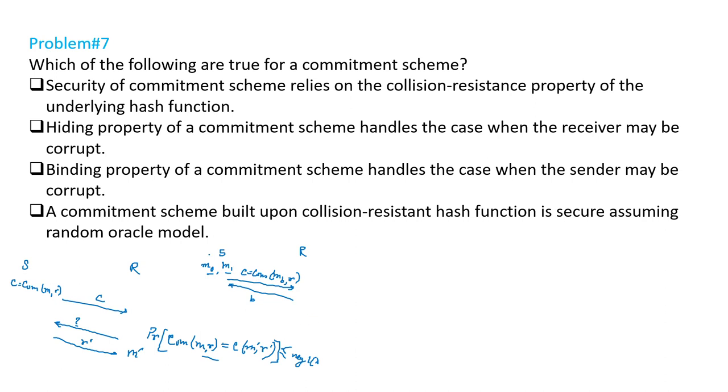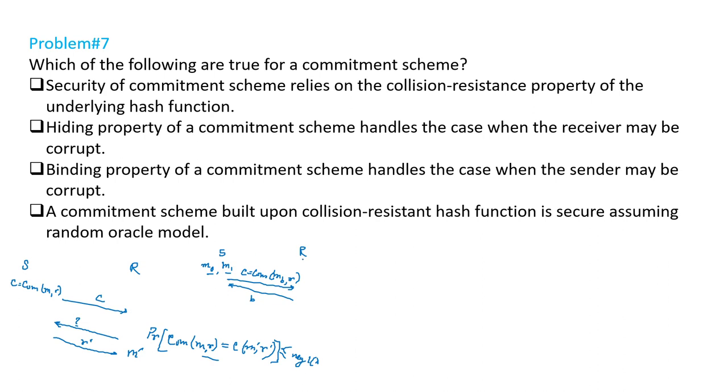Let's say the sender has some data m and wants to prove to the receiver that it has the valid data m by declaring only the commitment, and the receiver is somehow able to verify that yes, this commitment corresponds to that particular message, although it is not exactly declaring the message itself.